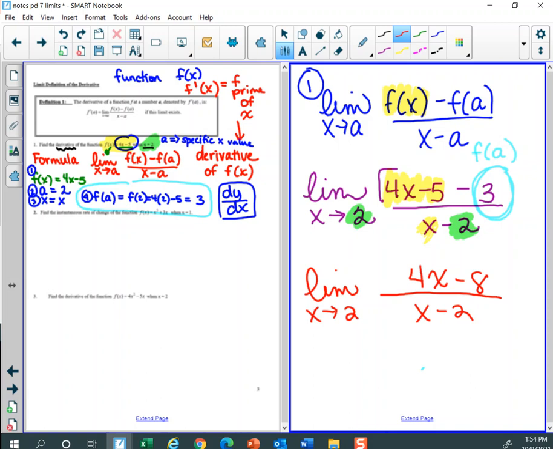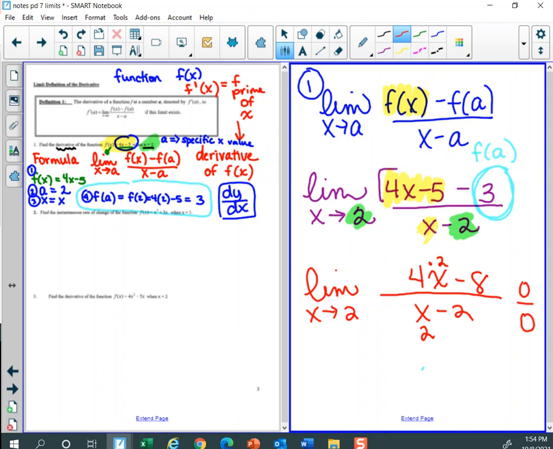And here's how you're going to know if you're on the right track. If I try to do the limit right now, and I put a 2 in here, and a 2 in here, I get a big fat 0 over 0.